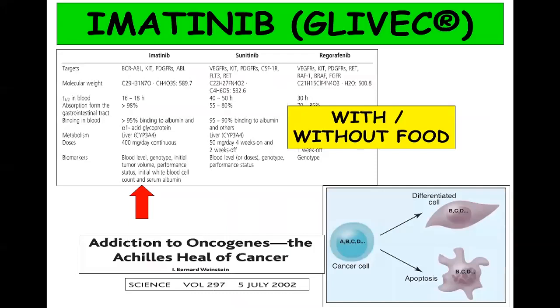And in the beginning of the 2000s, it was the arrival of imatinib, also named Glivec. This drug targets BCR-ABL, KIT, PDGFR, and ABL, with a half-life in blood of 16 to 18 hours.